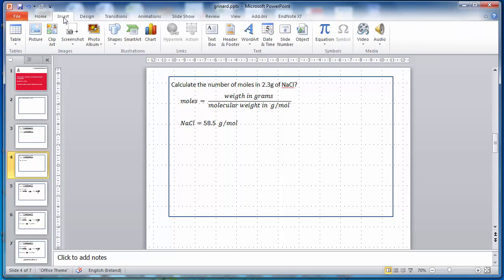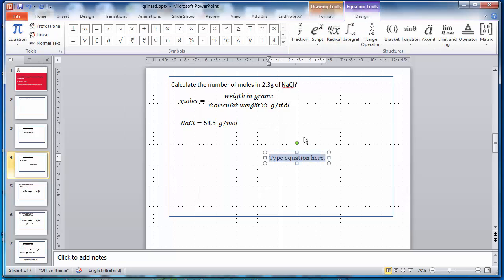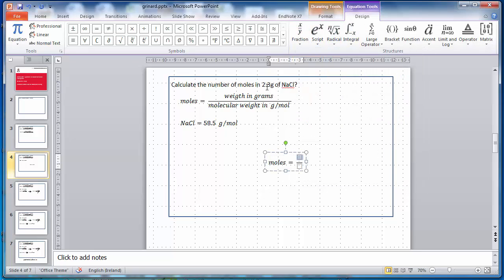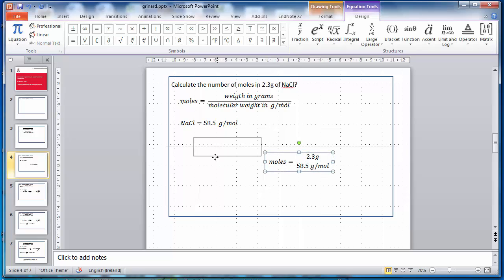So we go back to our Insert button, click on the equation button, and type in moles is equal to, and we want the fraction button again, so we want 2.3 grams on top, and the molecular weight of sodium chloride, which is 58.5 grams per mole, below. So we put that in nice and neatly into the box here.